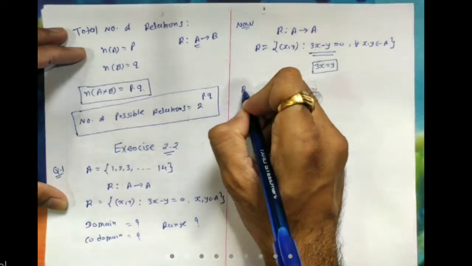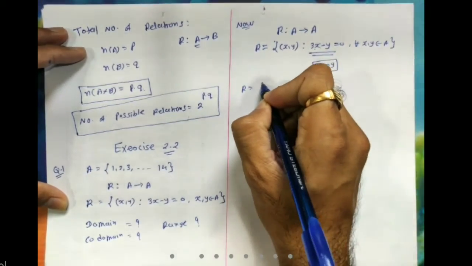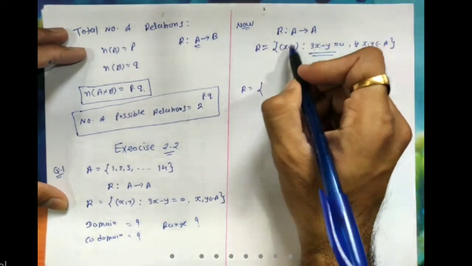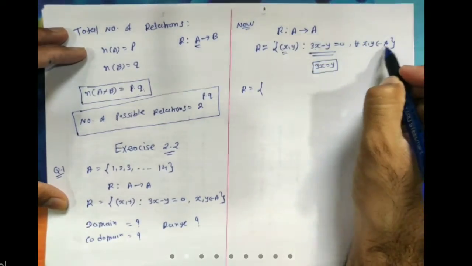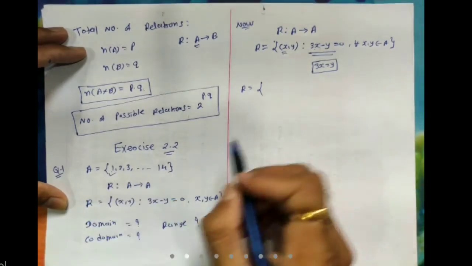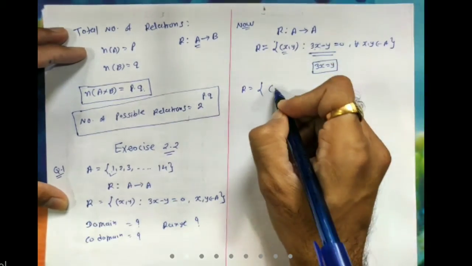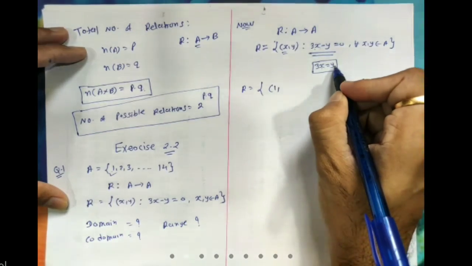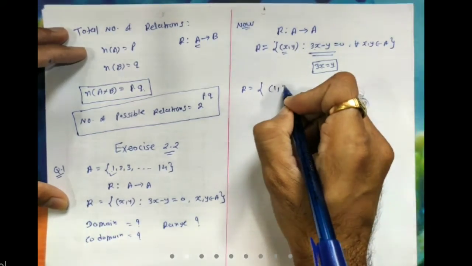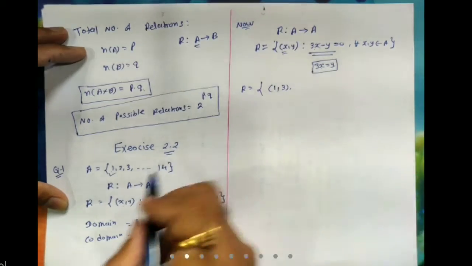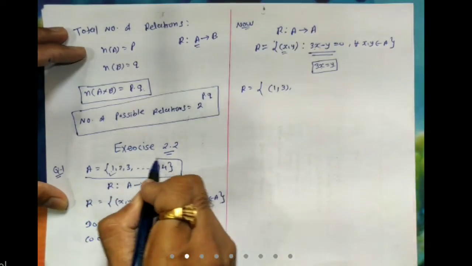Now we are writing all the possible ordered pairs. Our first element is x, which must belong to set A, and set A is 1 to 14. First take x equal to 1. If x equals 1, what is the value of y? 3. Clear?